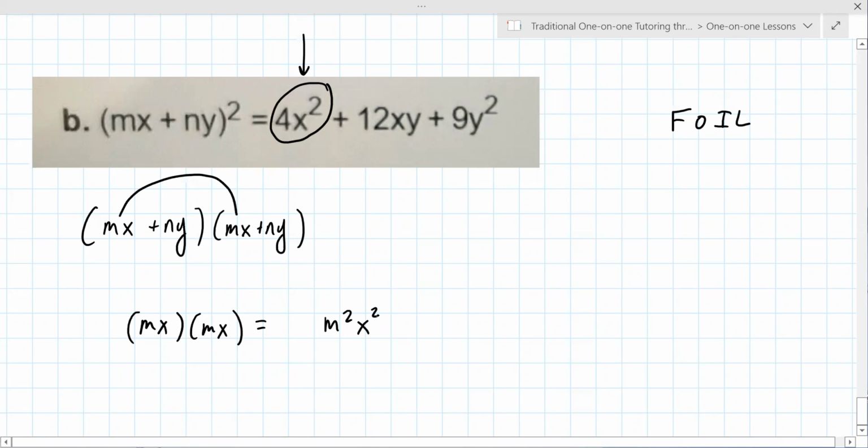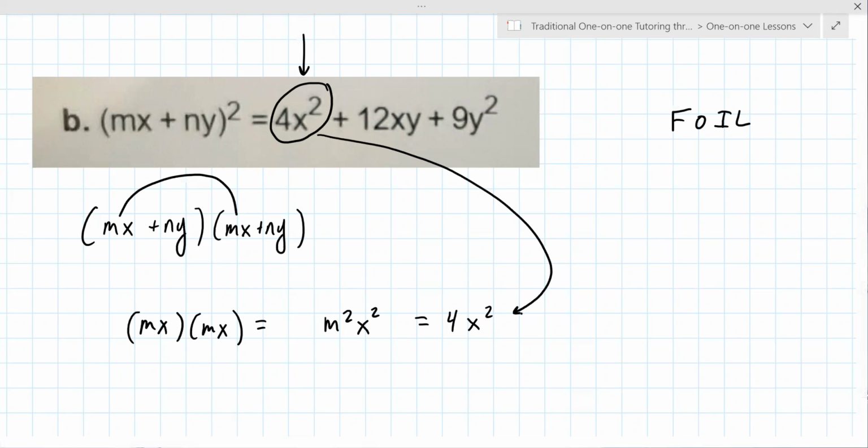So now you pair that with the 4x squared. So what is the value of m such that when you square it, you get 4?